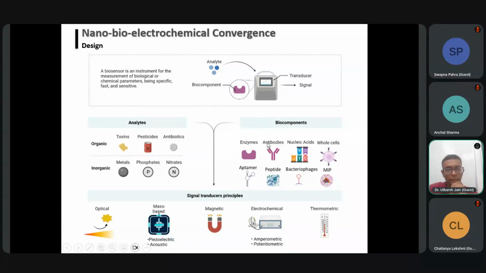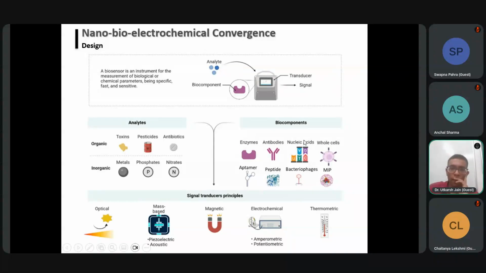We can use antibodies as a biorecognition element, which can bind with certain analytes in the form of an antigen. This binding on the electrode surface causes a change in impedance on the electrodes to give the final signal that a particular molecule, as an antigen, is present in a sample.